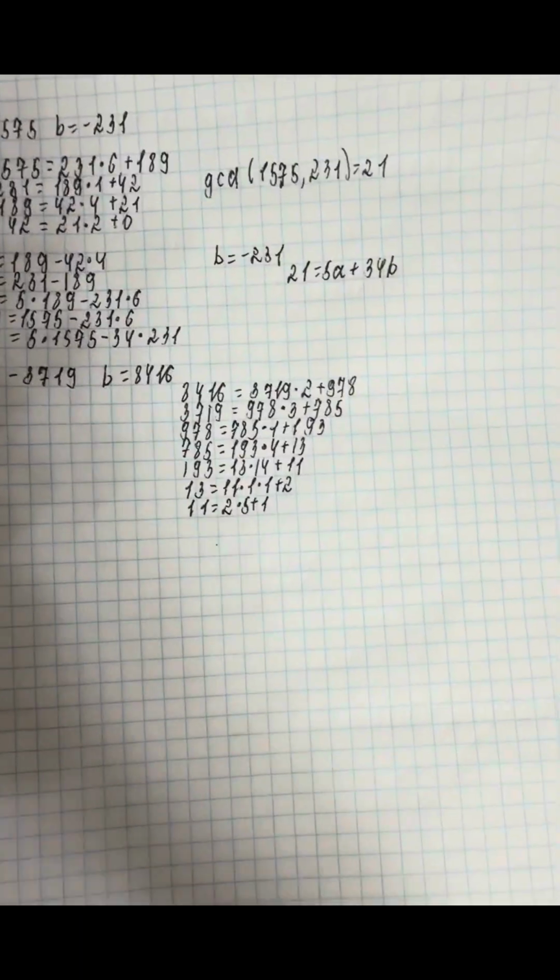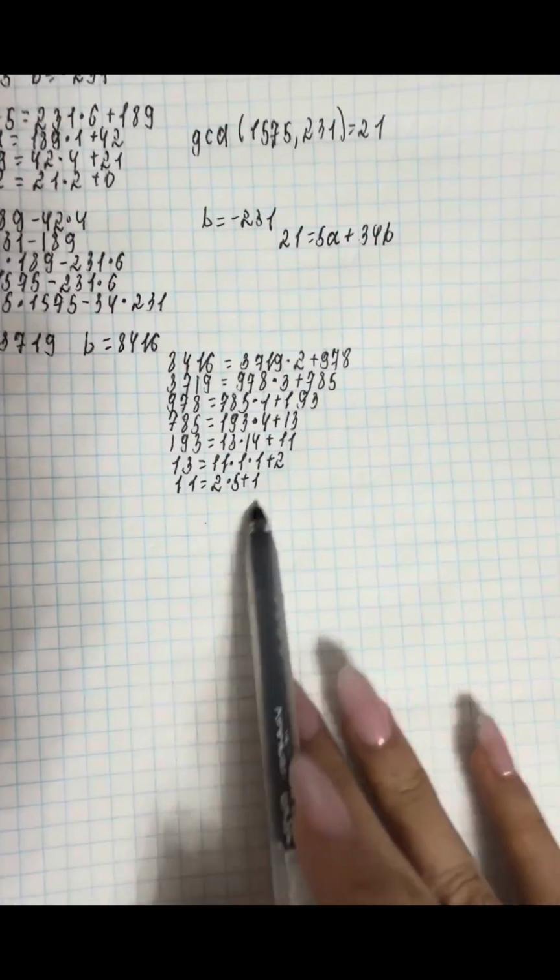And the last non-zero remainder is 1, and so the GCD is 1.